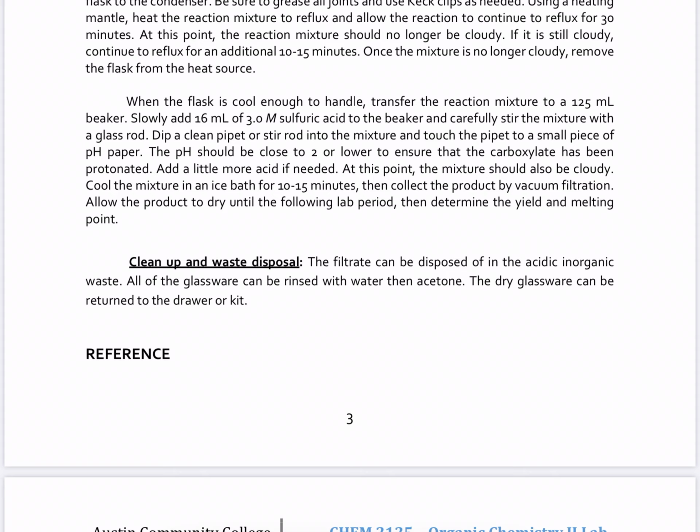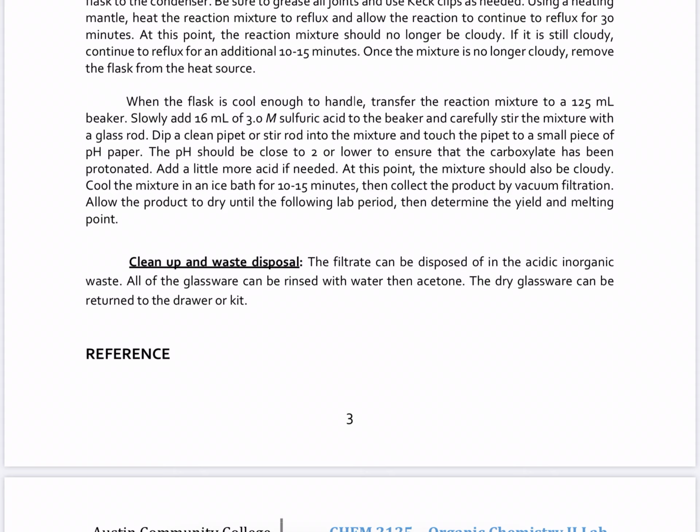Because at the beginning, before you add your sulfuric acid, it's a dianion that you have in your reaction flask. Now you keep on adding sulfuric acid, and it's going to convert to salicylic acid, an organic compound. It will precipitate out from the aqueous solution and become a completely white solid.